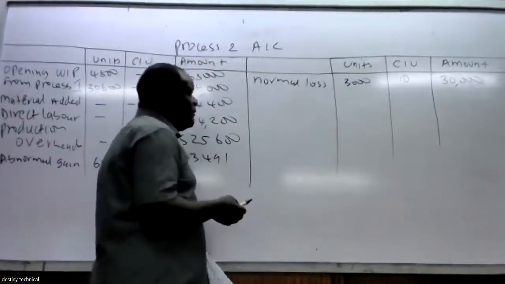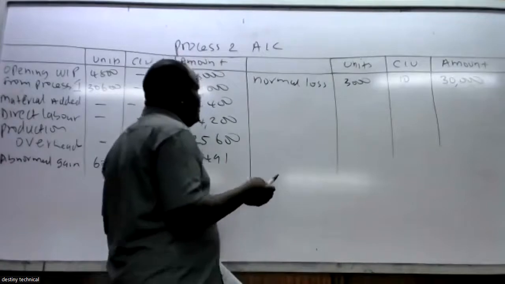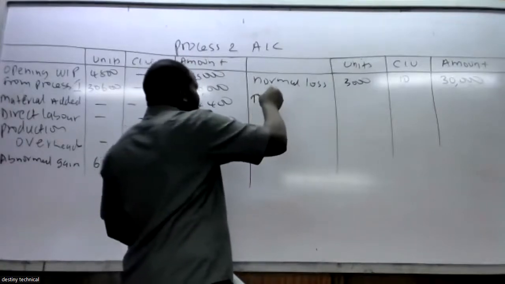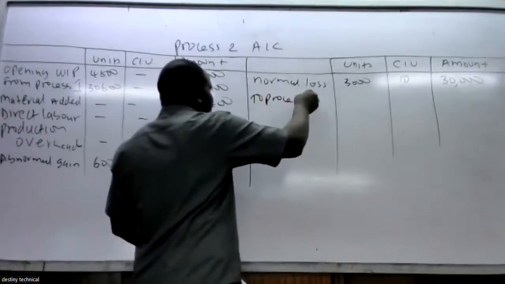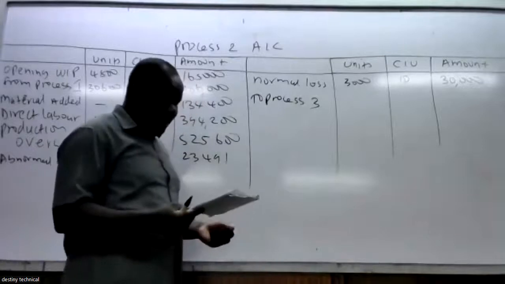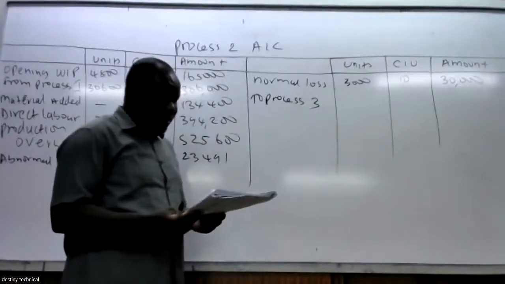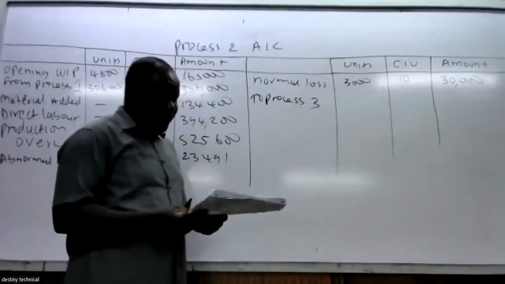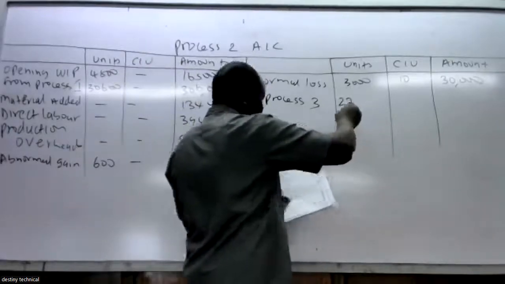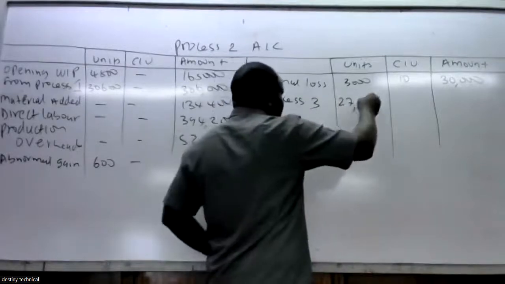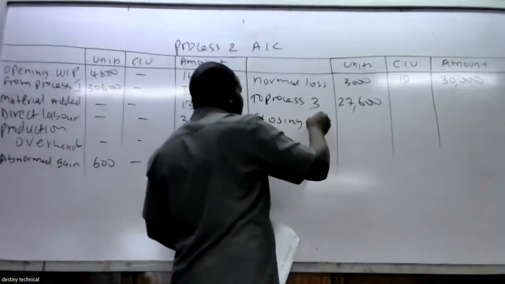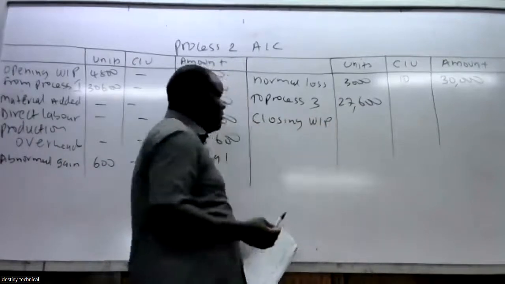Then apart from the normal loss, now we also have to process output to process 3. You have been given in the note number 5, transfer to process 3, that is the output. It is 27,600. Then there is also the closing work in progress.